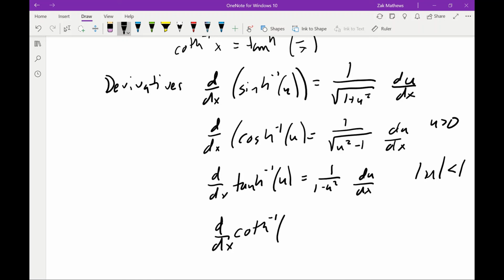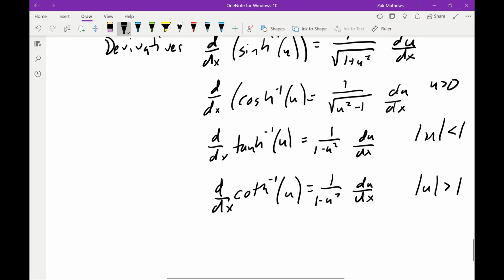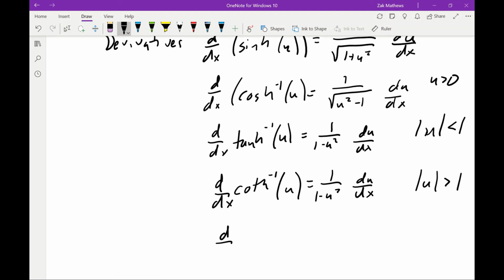The derivative of the inverse cotanh of u is equal to 1 over 1 minus u squared du dx, where our absolute value of u is greater than 1, giving us the other half of that. The derivative of the inverse sech of u is equal to negative 1 over u square root of 1 minus u squared du dx, where our u is between 0 and 1.